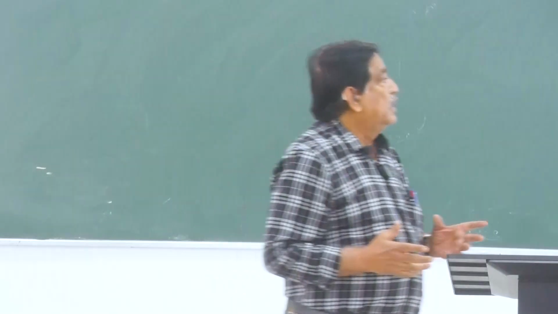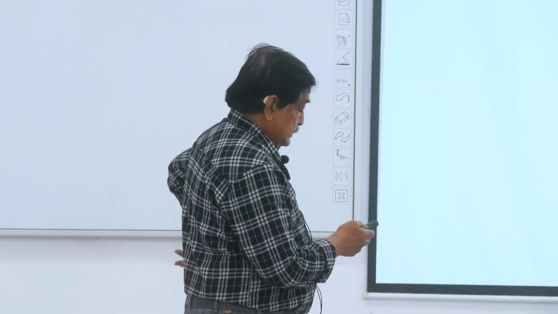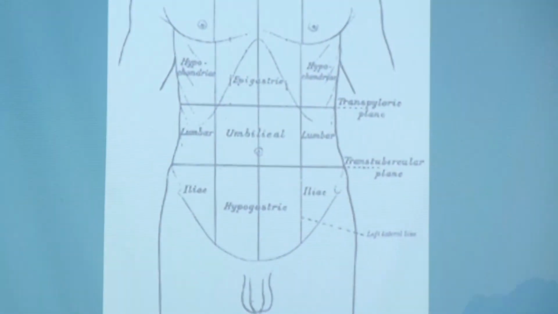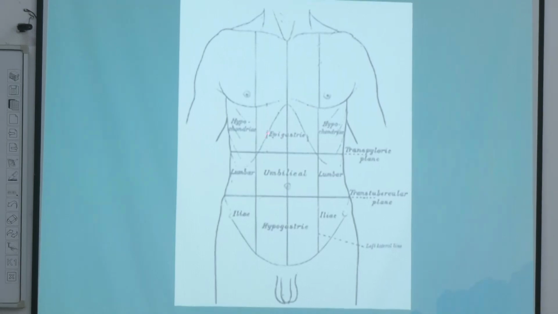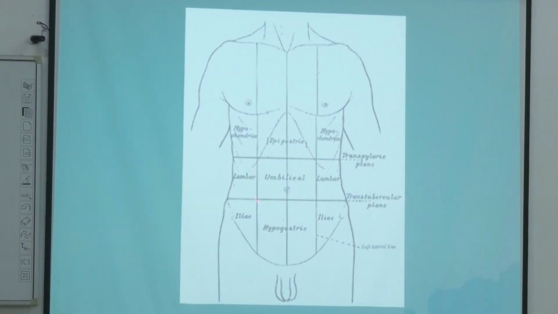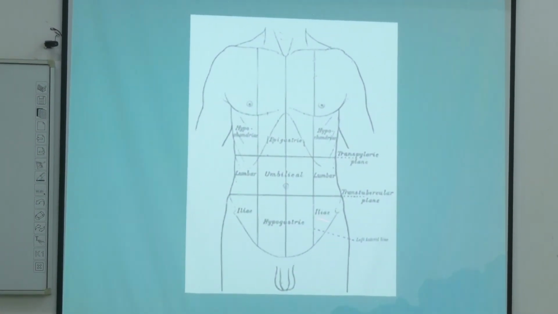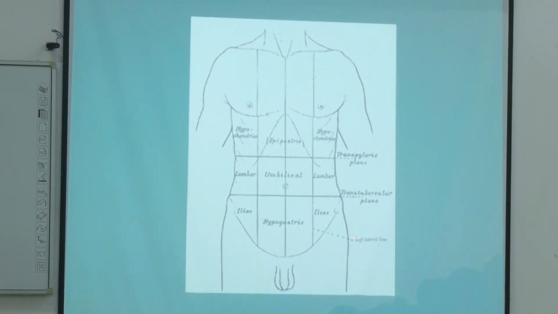Now you will be doing the division. Now the hypochondrium, epigastric, lumbar, umbilical, iliac, hypogastric. And see what I want to do, the lines dividing the parts of the body. Now you have to be very specific.